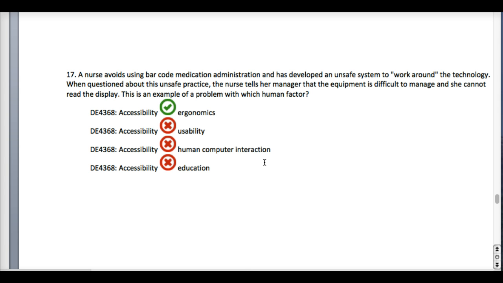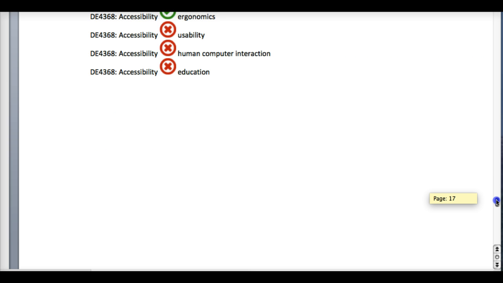Because if that nurse has developed an unsafe system, you've got a couple of things here. She can't read the display. That definitely can be ergonomics, but that's also part of the usability. So both answers here are correct. And that's on page 173.